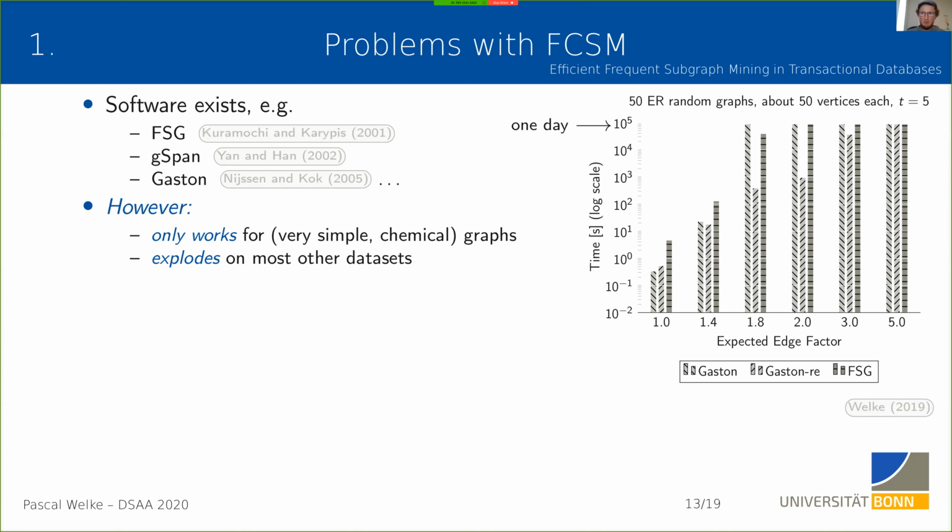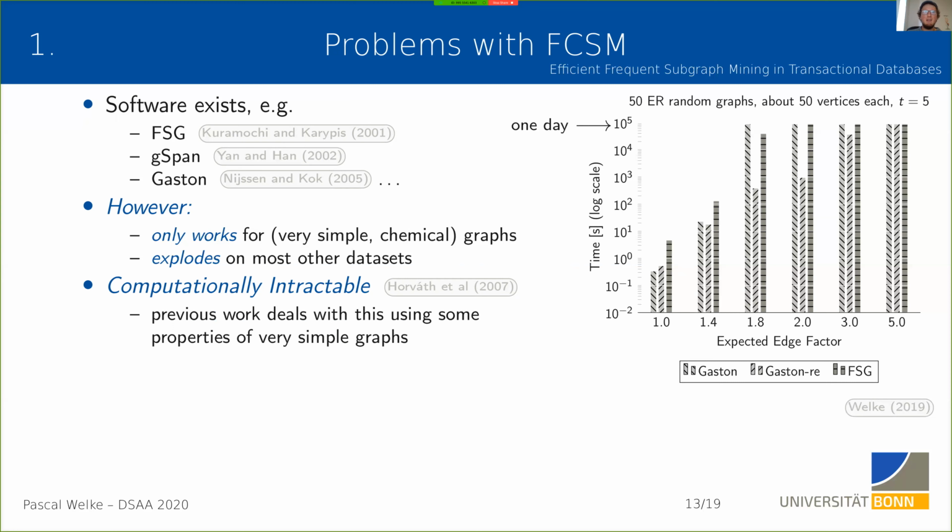And the reason for this is that the frequent connected subgraph mining problem is actually computationally intractable, which has to do with the intractability of the subgraph isomorphism problem, obviously. And this existing software somehow implicitly uses properties of the graph databases, and in particular, that these graph databases are rather simple.